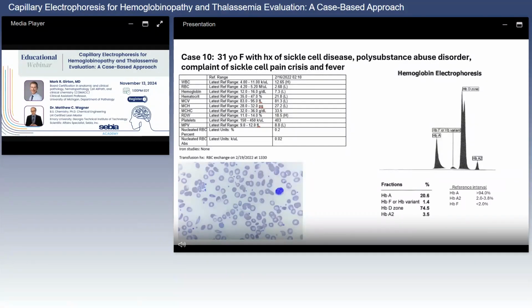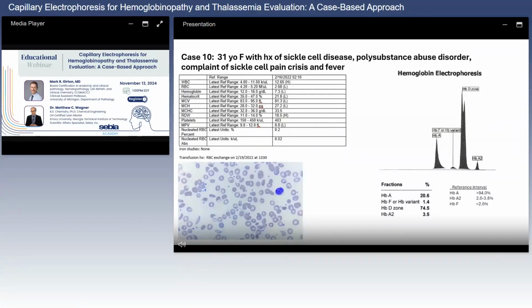Case 10. It's a 31-year-old female with a history of sickle cell disease, polysubstance abuse disorder, and complaint of sickle cell pain crisis and fever. On the right side, we see an electropherogram that has 4 to 5 peaks. Hemoglobin A, 20.6%.